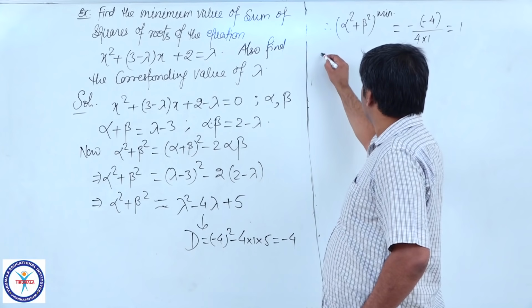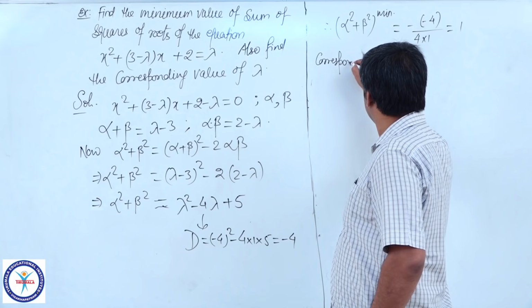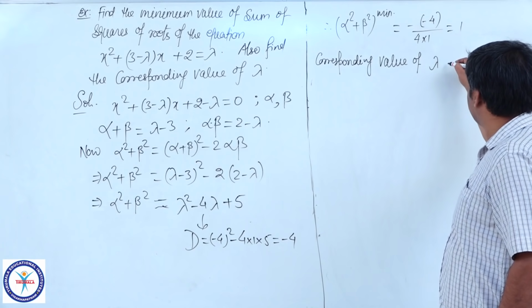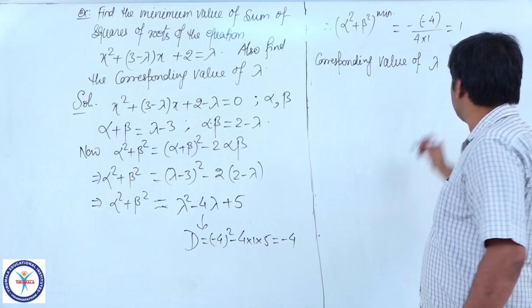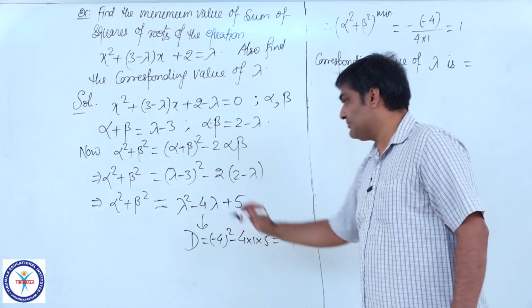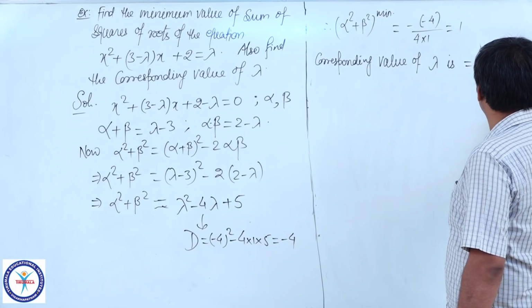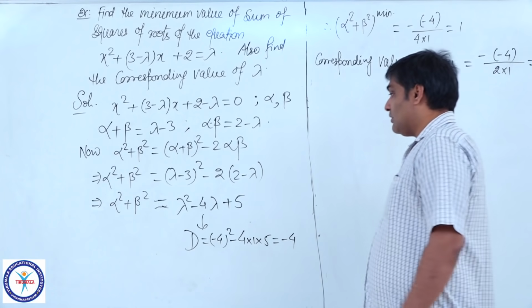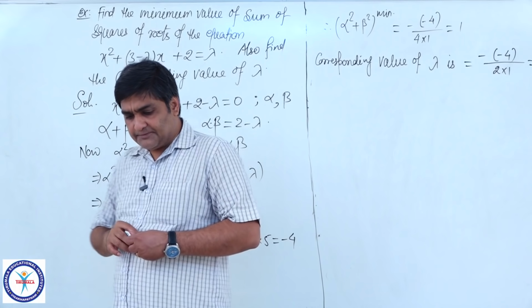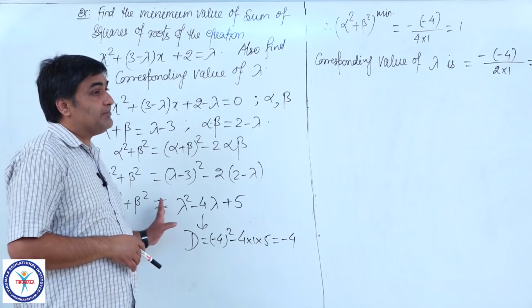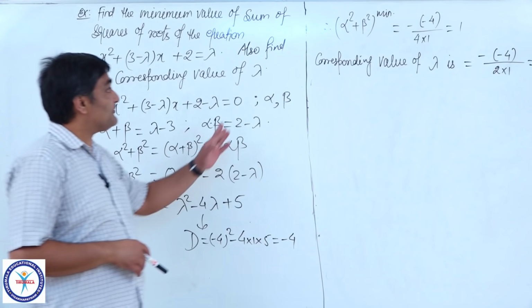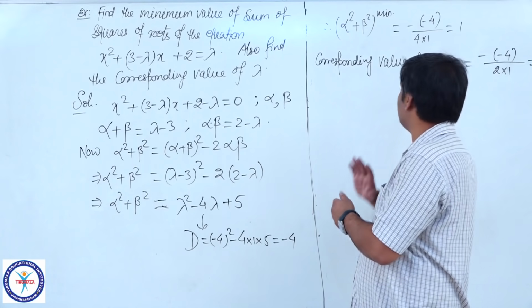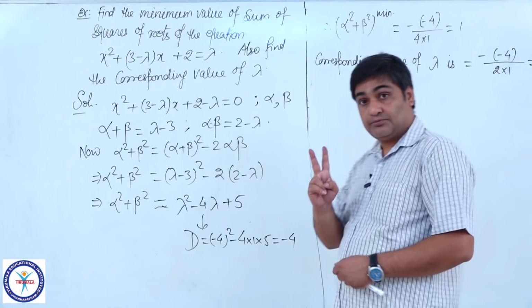Okay. Now the corresponding value of lambda is minus b by 2a, that is minus of minus 4 by 2 into 1, that is 2. See, the minimum value of alpha square plus beta square is 1. And when is it possible? When the value of lambda is 2.